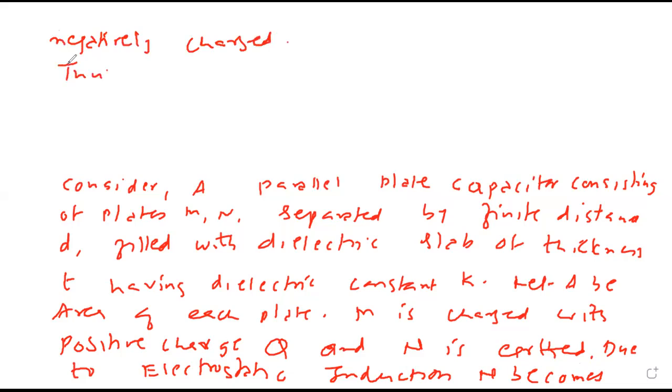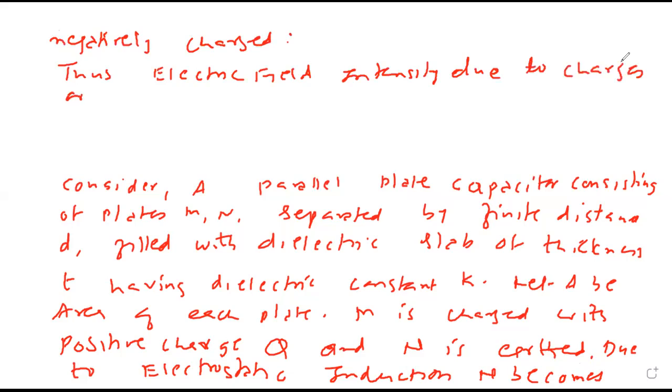Thus, electric field intensity due to charges on M and N, E equals sigma, or we can write Q upon A epsilon naught. Write this much. Q upon A epsilon naught.